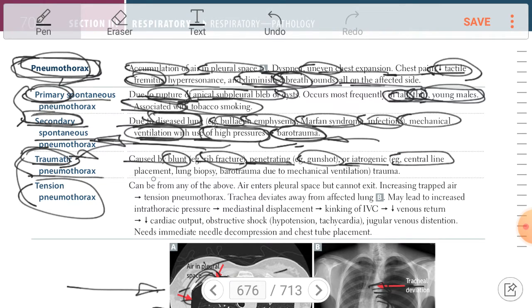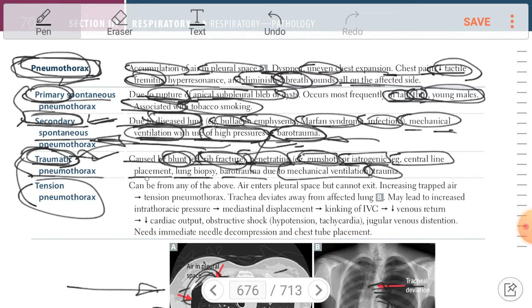Central line placement, or lung biopsy, you are taking a biopsy from the lung, or barotrauma like the previous one, usage of mechanical ventilation with high pressure, which is considered a secondary cause, secondary spontaneous pneumothorax, plus it's traumatic due to mechanical ventilation trauma.